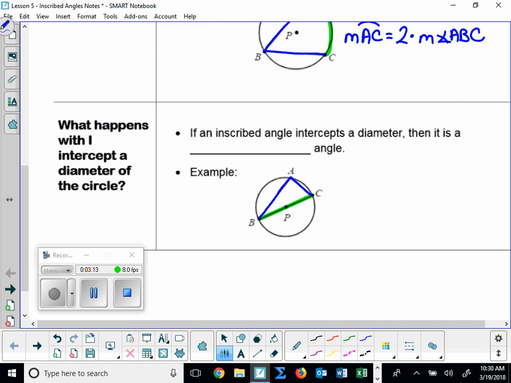Well, when I intercept the diameter, the intercepted arc that I'm looking at, what do we call BC? BC is a semicircle. What's a semicircle equal? 180 degrees. So if my intercepted arc is half of 180, this is a right angle.